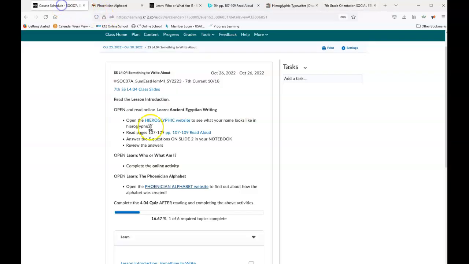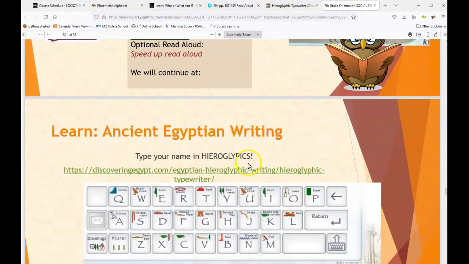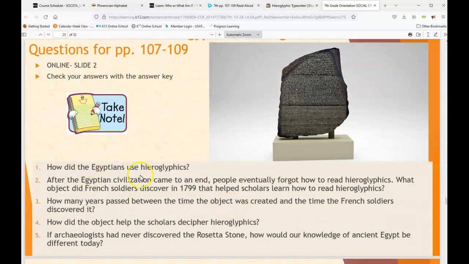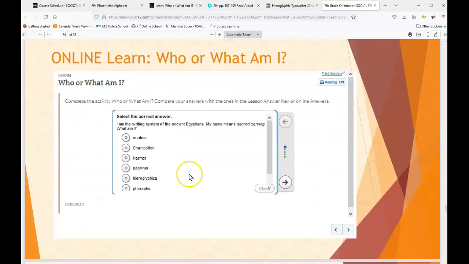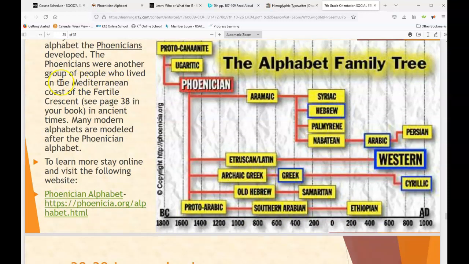Again, back here, there's the read aloud. And here we go, there's that typewriter. There are the 5 questions. Take notes on those. Do that who or what am I? And then, the alphabet we use today comes from the alphabet the Phoenicians developed. The Phoenicians were another group of people that lived on the Mediterranean coast of the Fertile Crescent.